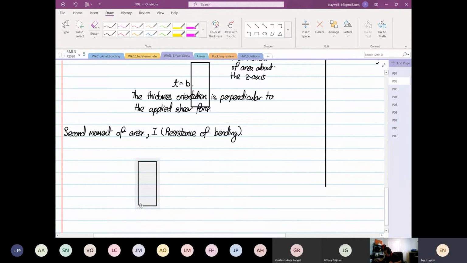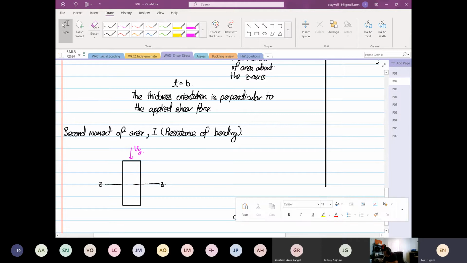Transformation are all the same. So we are looking at now, this is your Vy, okay? And the I we're going to use will be for I what? IZZ, okay?